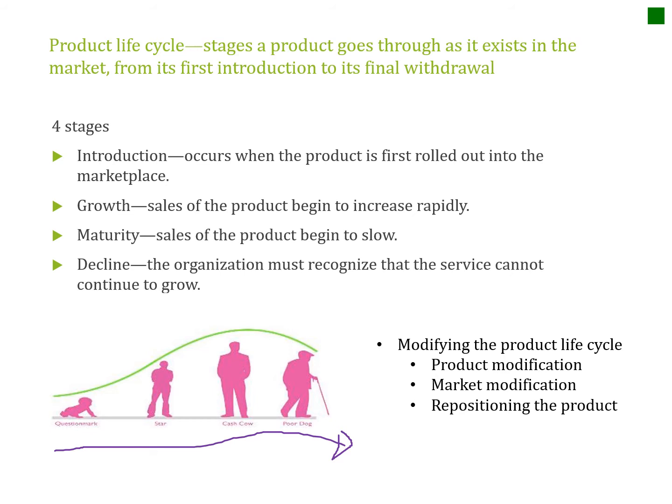And in terms of when they got to the maturity phase of their let's send you a video in the mailbox, they reinvented themselves. And so that's always a possibility here. We can modify the product life cycle by modifying our product. We can modify the market. We can reposition the product. So there are ways that we can recycle this cycle as well.